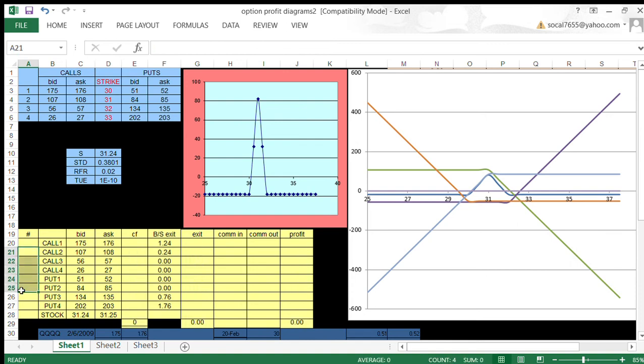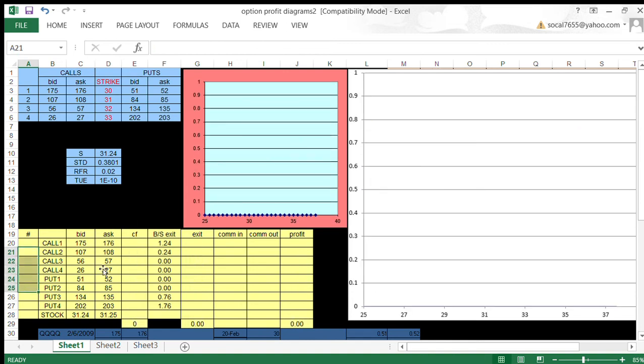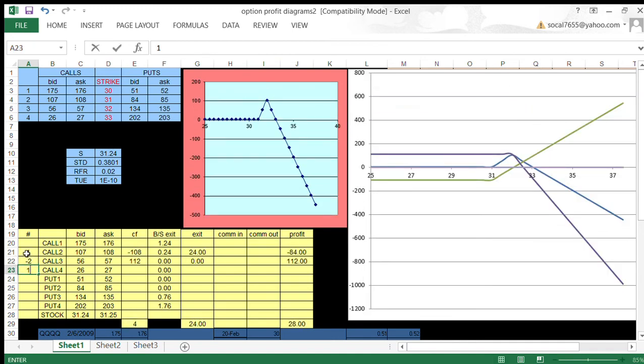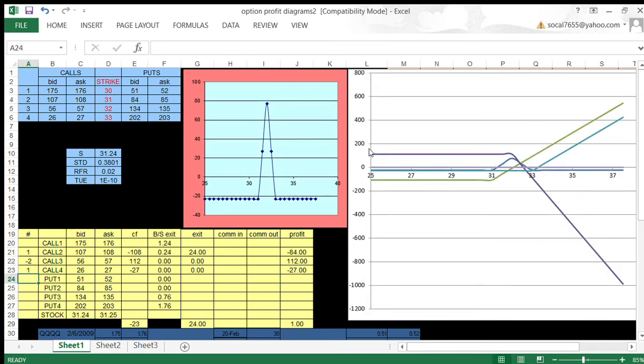I'll show you. Just remember the diagram you saw up there. So I'll go short 2 call 3s, long 1 call 2, and long 1 call 4. And there's the same diagram.